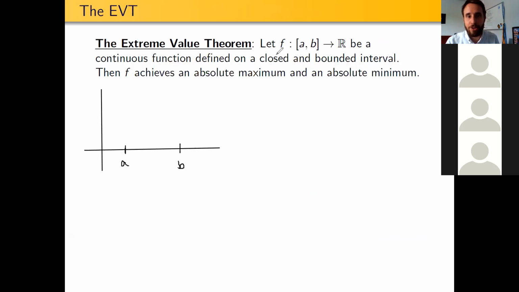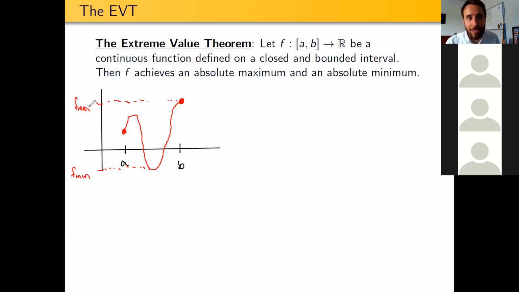Right, so our function, if it's defined from a to b, let's say, again, who knows, maybe it looks like this. But if it's continuous, then it will absolutely have an absolute minimum, right? That could be the minimum value. And it will have a maximum value, possibly at the endpoints, but that's okay.